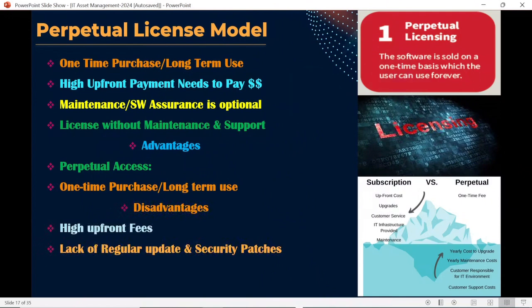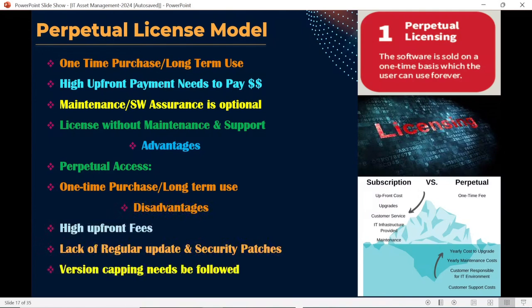Then and only then can the customer buy the upgrades or subscription renewals or support, and that should be related to your security patches. So the second disadvantage is going to be the lack of regular updates. You will not get regular updates if you are using a perpetual product, and that might lead to a security issue.